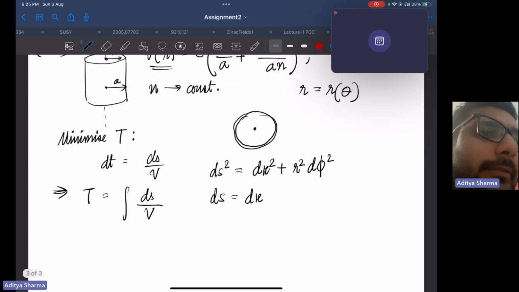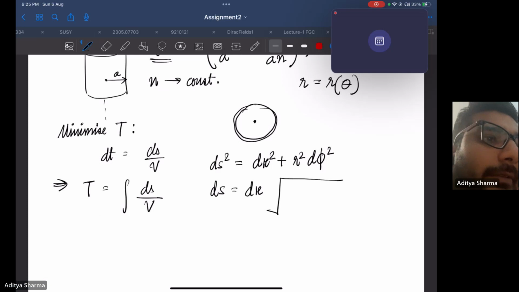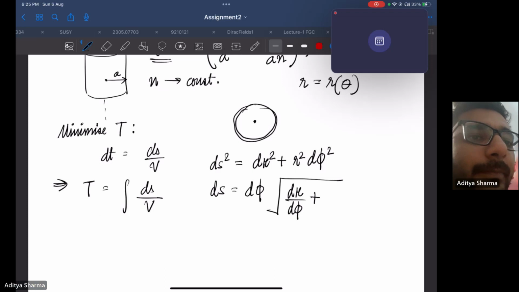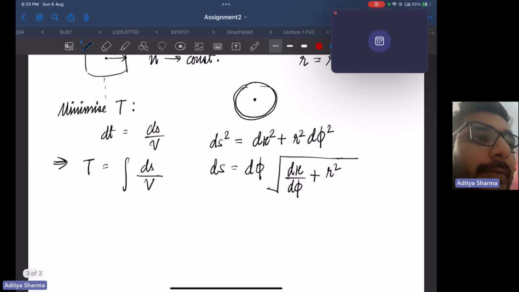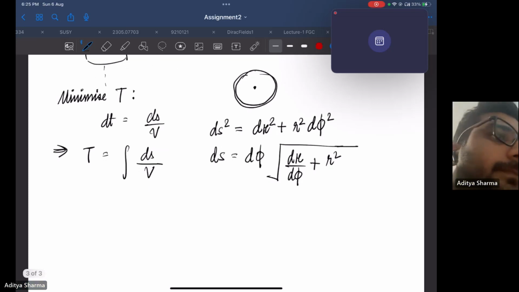For that case, ds square is as this, and I will parameterize this in terms of d phi. So dr by d phi squared plus r square. So this is my ds.